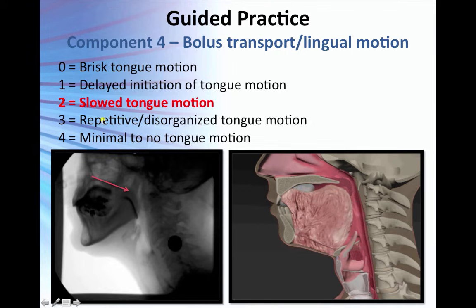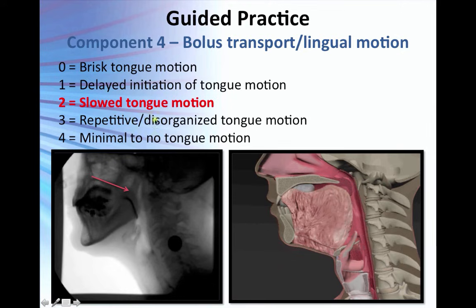In order to be classified as repetitive disorganized, the rule of thumb is it has to be 3 or greater repetitive back and forth motions of the tongue and bolus before you're going to score it repetitive disorganized.